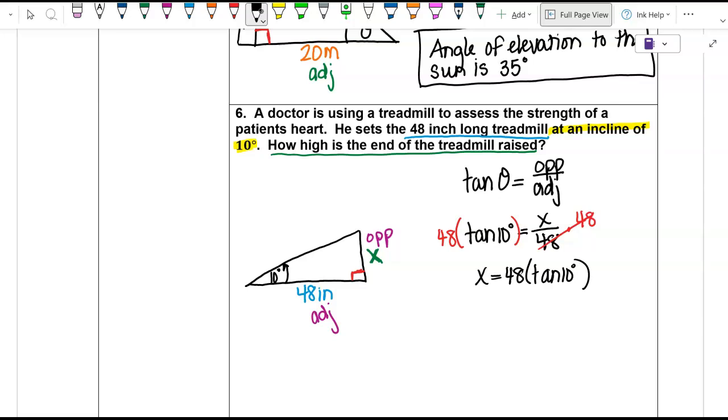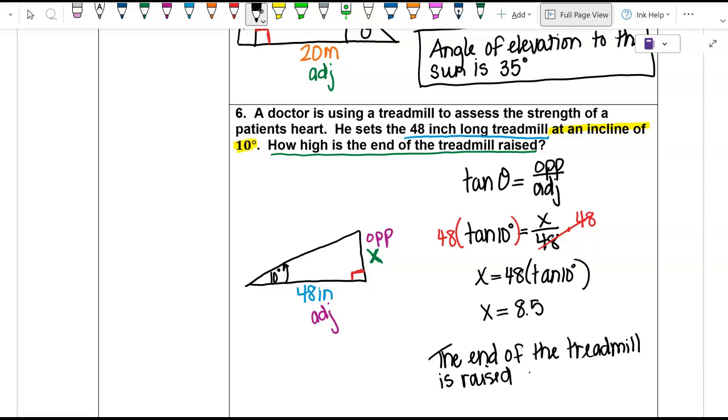So what do we get for X here? Remember, it's a side, so now we're rounding to the nearest tenth. What is it? 8.5. So the end of the treadmill is raised 8.5 inches.